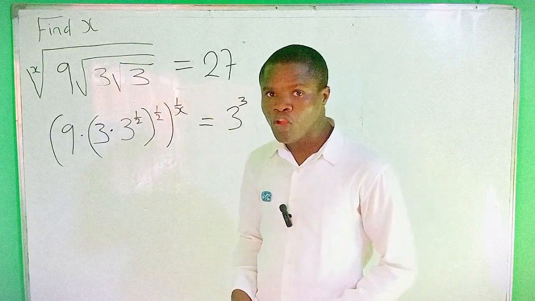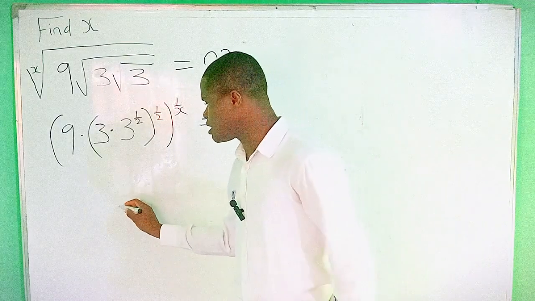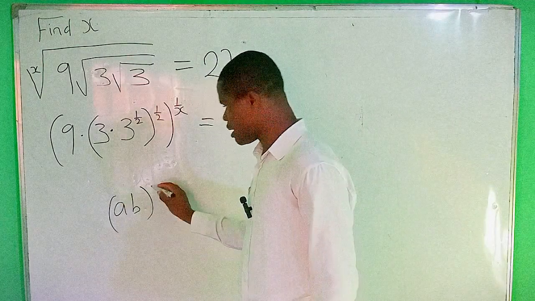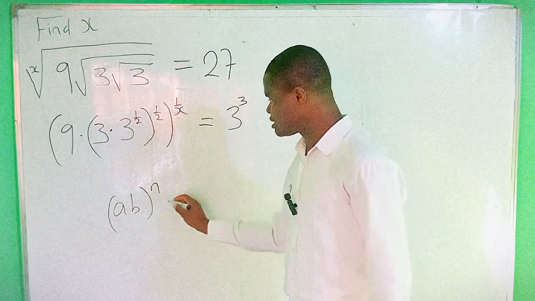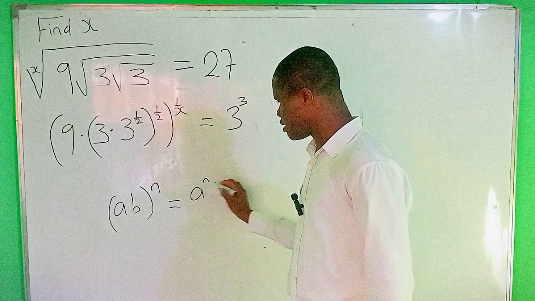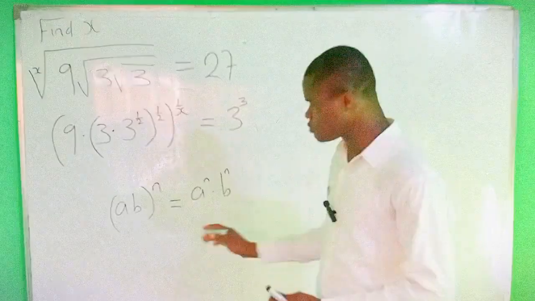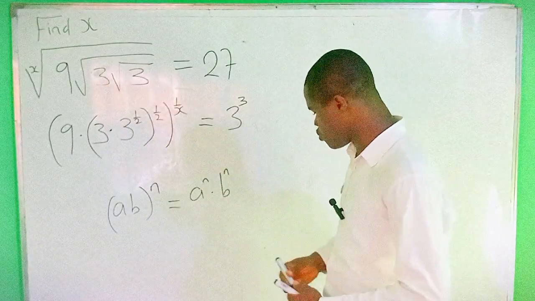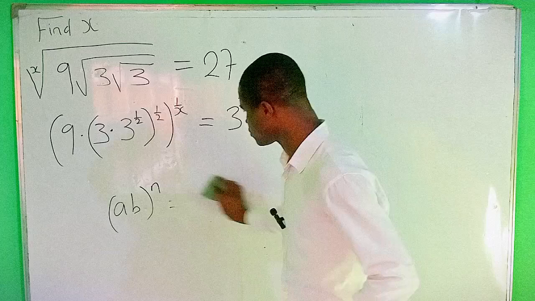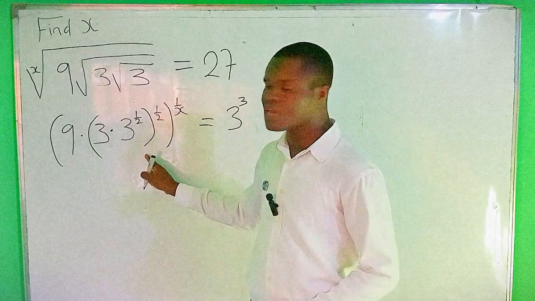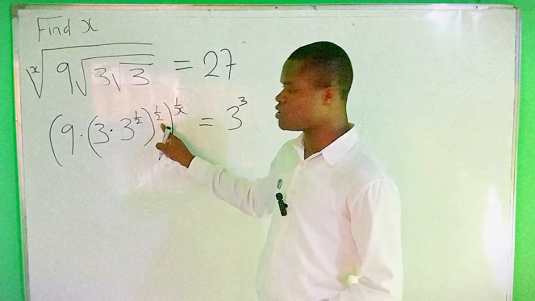You remember the power law of indices that says that if you have a, b, all raised to power n, this is something as a raised to power n times b raised to power n. So I'm going to apply this power law to solving this equation. Starting from the innermost bracket, this is 1 over 2.